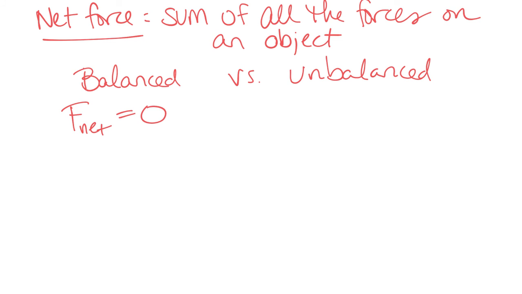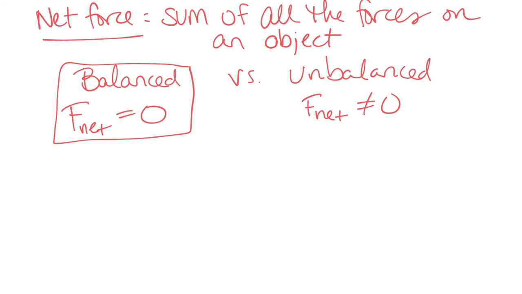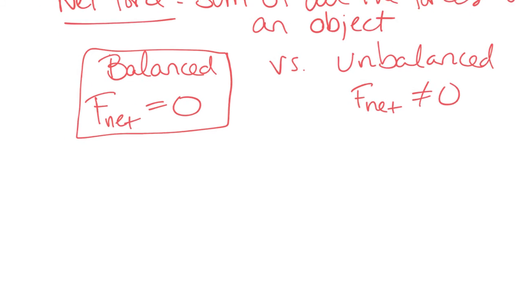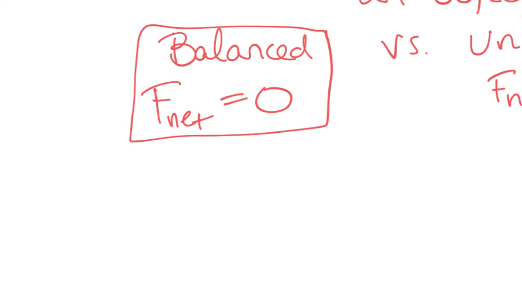And what do you think unbalanced means? Exactly, it's not 0. So every time we say balanced and unbalanced, I want you to remember this term net force. I want to focus a little closer on the balanced situation, because where net force is 0, there's another name for that.